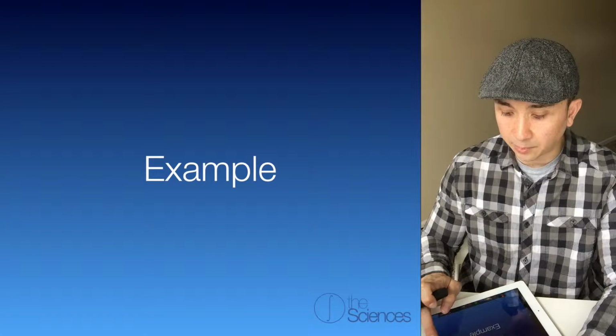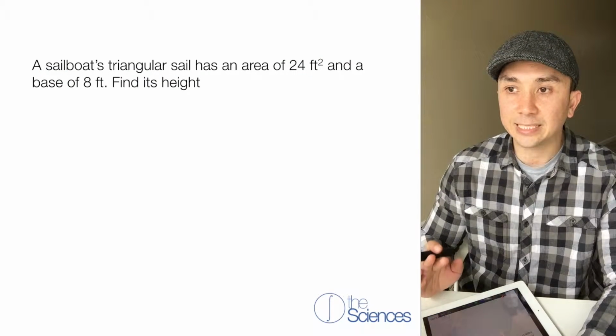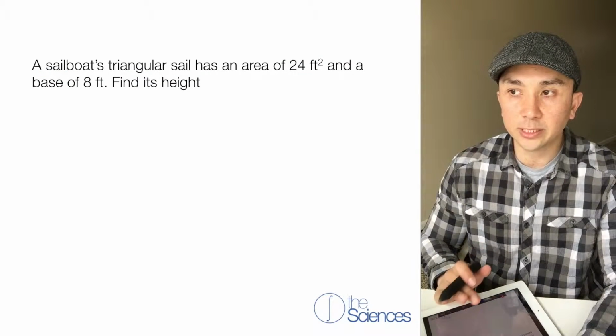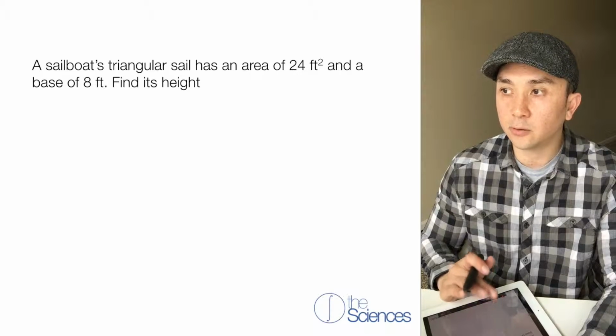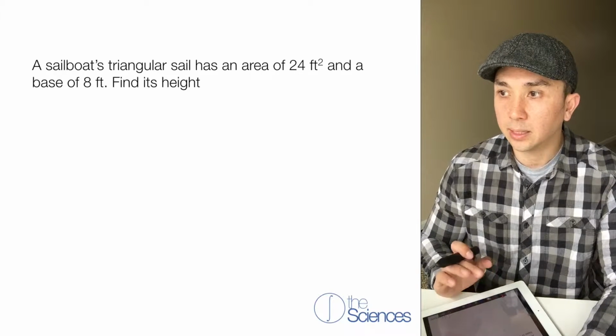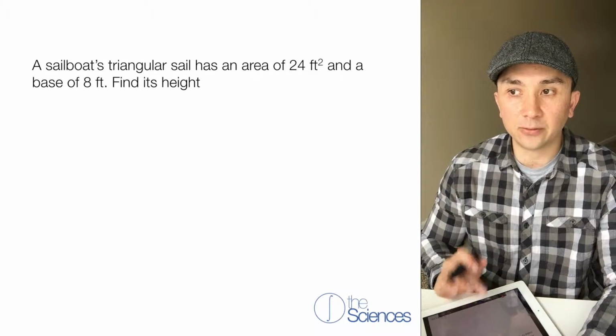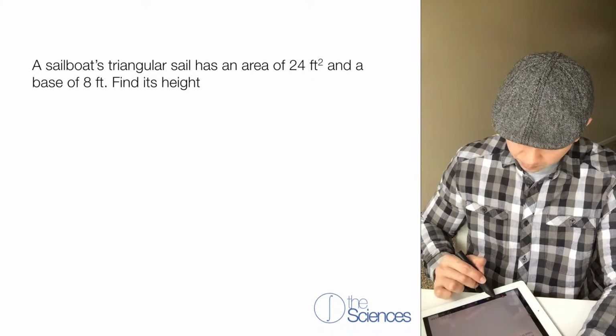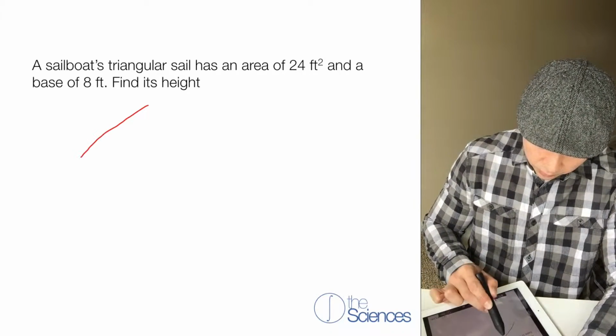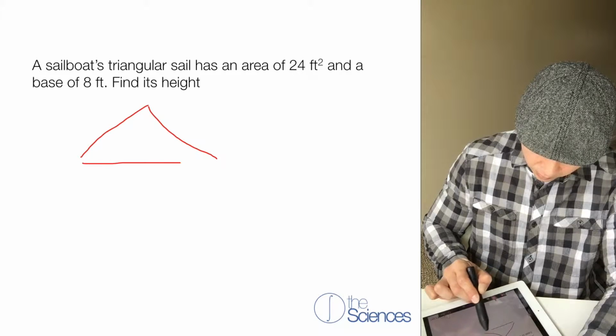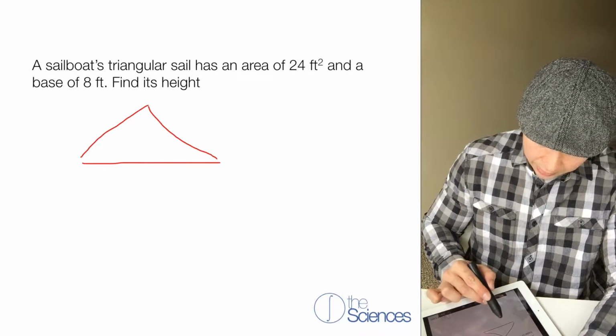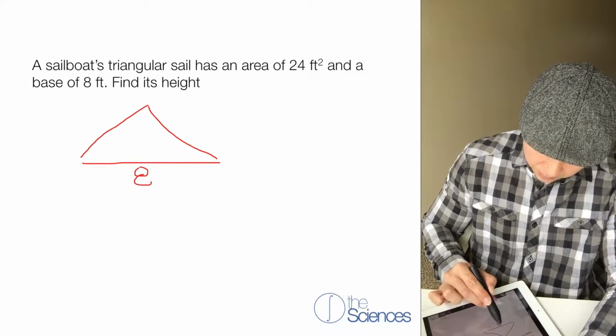Now let's do an example. A sailboat's triangular sail has an area of 24 feet squared and a base of 8 feet. Find its height. So here we have a triangle. We know it has a base of 8.